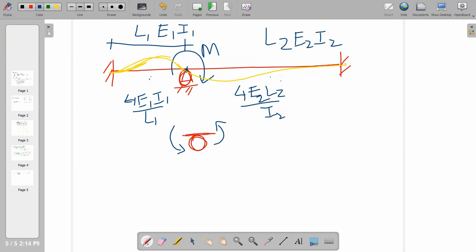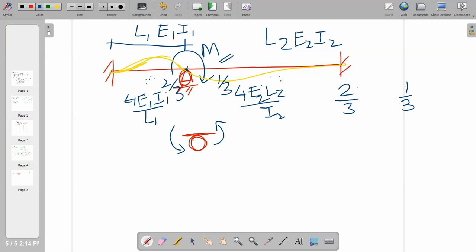Then the left hand stiffness will be twice the right hand stiffness. You can take the stiffness values as 2 and 1, and the relative stiffness values as 2 divided by the total, that is 3, and 1 divided by the total, that is 3. So the relative stiffness on the left side is 2/3 and on the right side is 1/3.